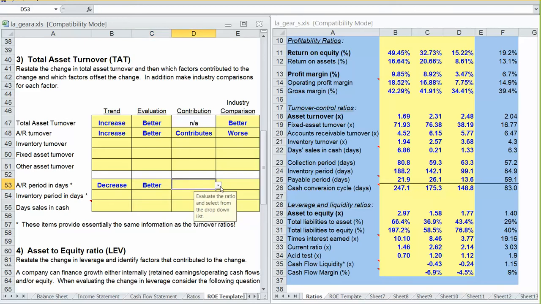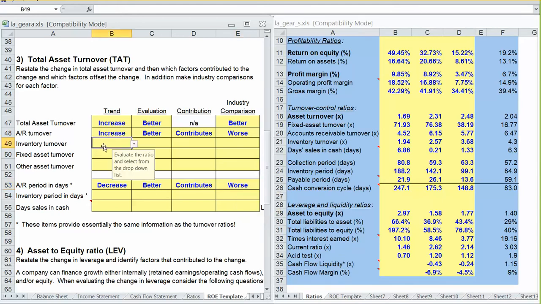If we're collecting receivables faster, our receivables are turning over faster. That's contributing to the overall trend. In terms of comparison to the industry, on average it takes our competitors 57 days to collect. It's now taking us 63. So we've gotten better, but we're still worse than the industry average.